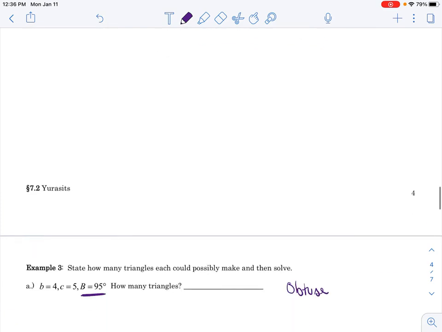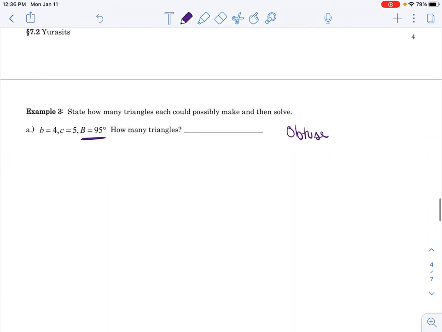I'm going to go back down. So your corresponding side, hopefully you're getting better with that terminology, would be B. Well, B compared to C, it's less than. Because your corresponding side is less than the other side, it's going to be 0 triangles.